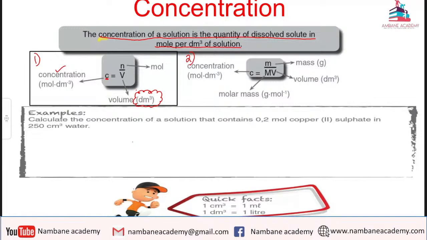So what we want to see and check is a direct calculation that will explain this side of C is equal to n over V. That is very, very important, because when the equation is like this, we are not necessarily sure if we should award a mark for the final answer of mole, because the only final answer that you are going to have will be the concentration in mole per decimeter cubed.